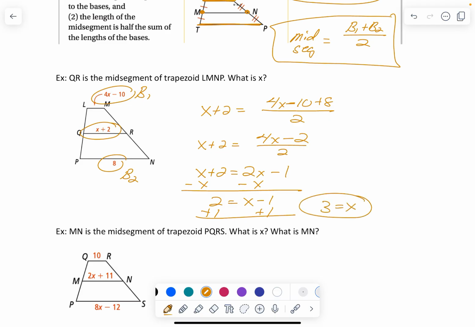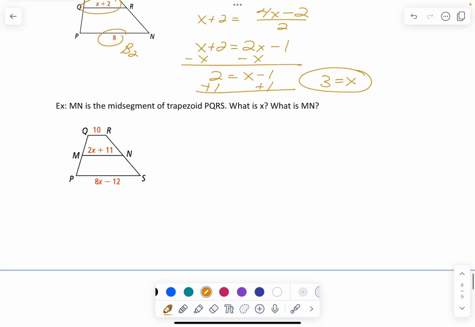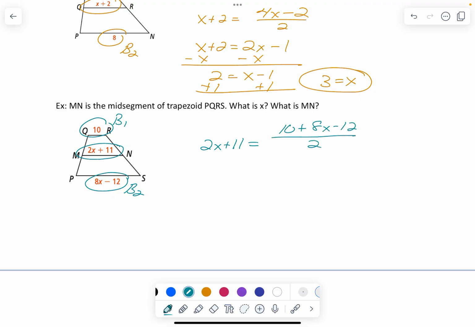There we go. Let's do this last problem. This is my midsegment. This is my B1, and this is my B2. So 2x plus 11 is equal to B1 plus B2, all divided by 2.